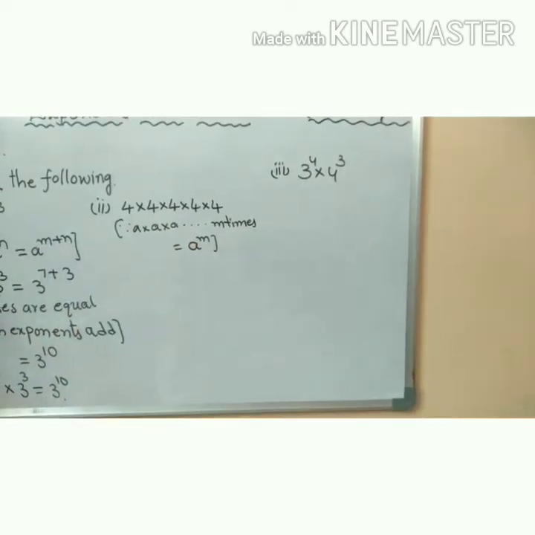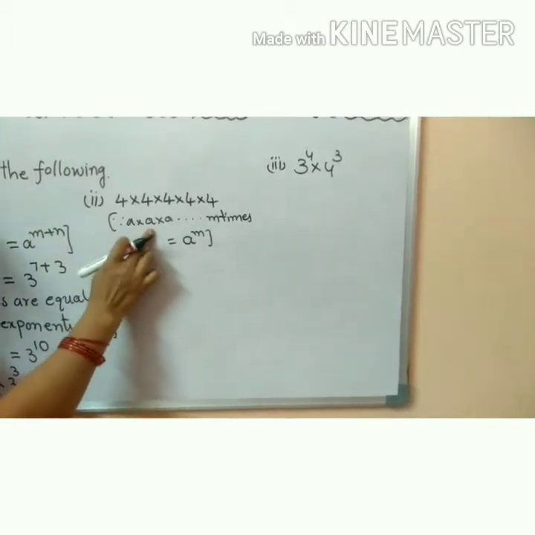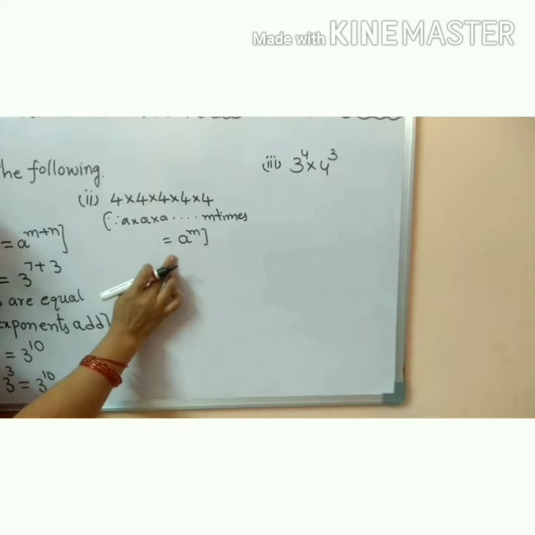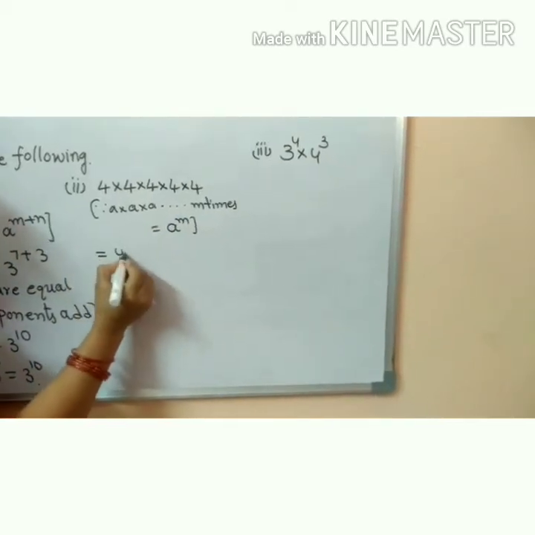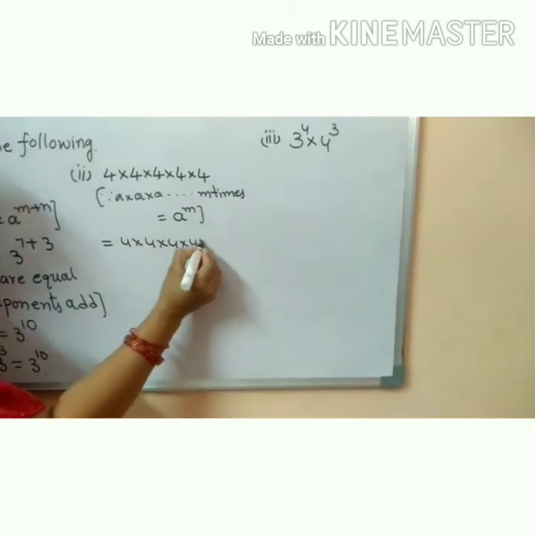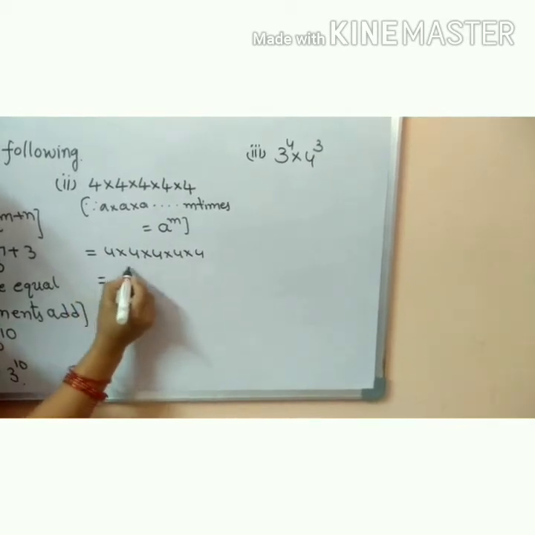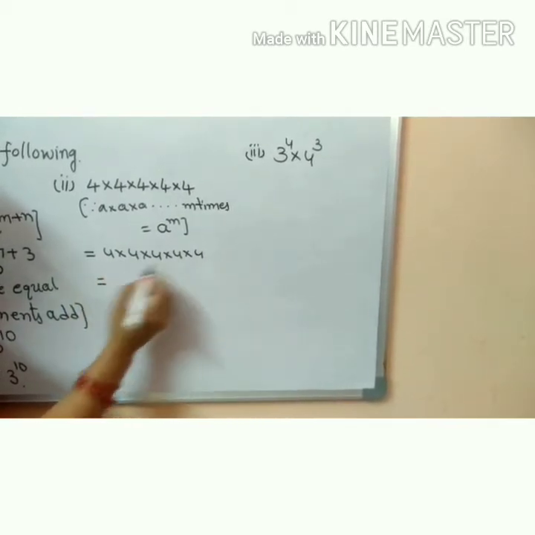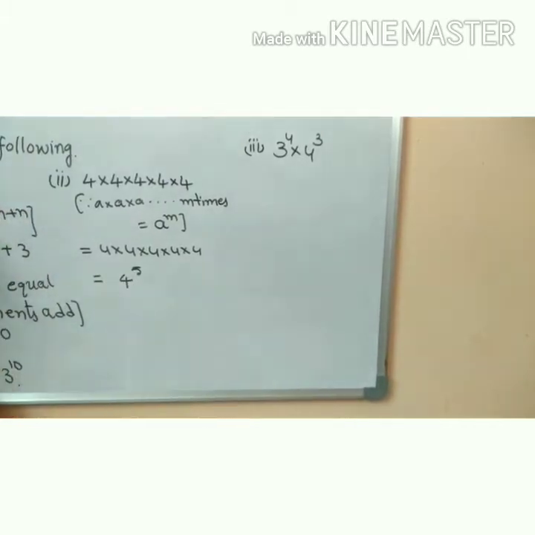Counting 1, 2, 3, 4, 5, we write 4 power 5.